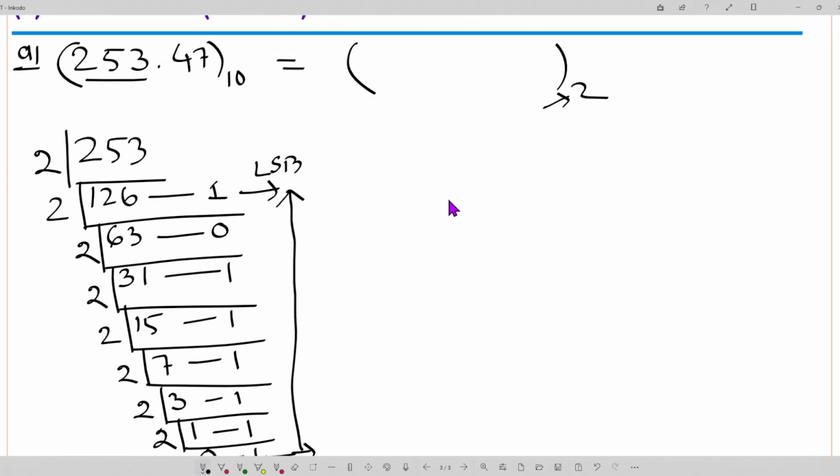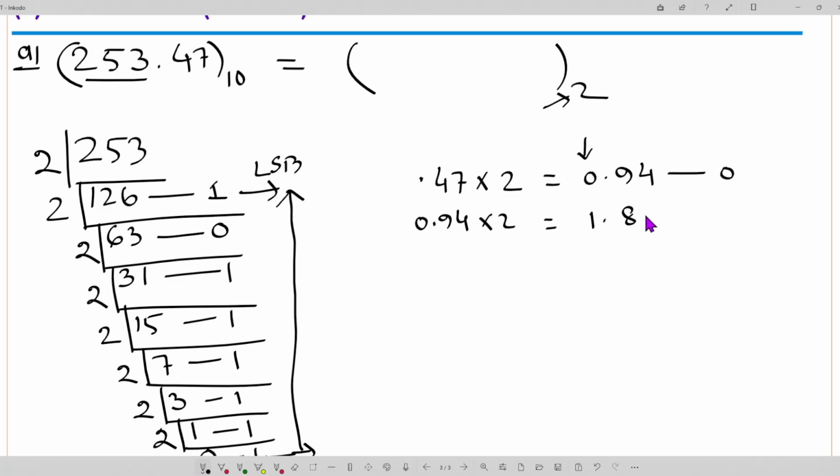Now, we will start with 0.47, we will multiply by 2. So, we will get 0.94. Okay. So, here the integer is 0, then 0.94 times 2, we get 1.88. So, here is 1.